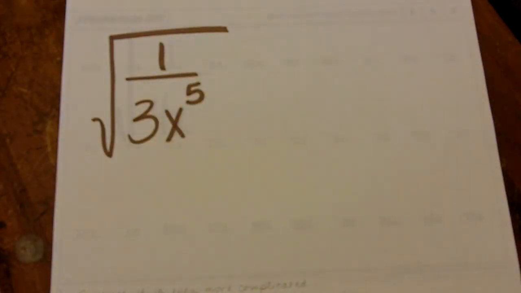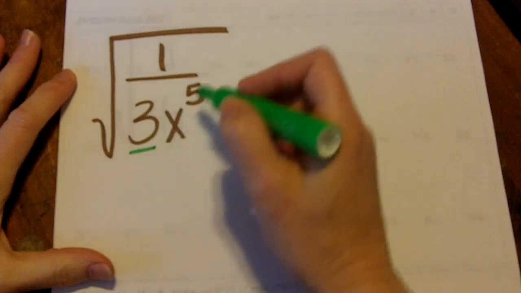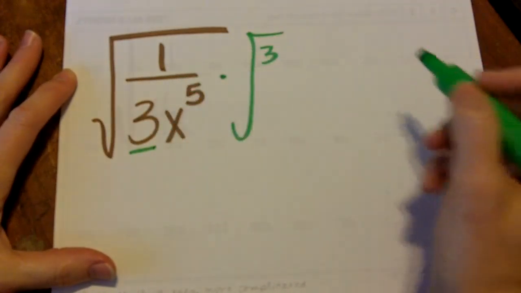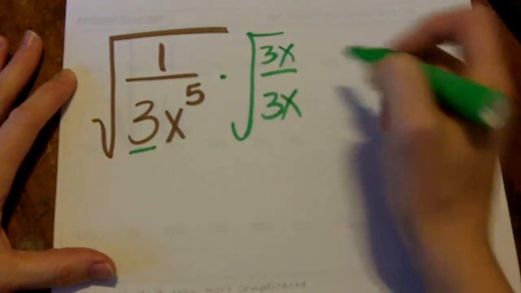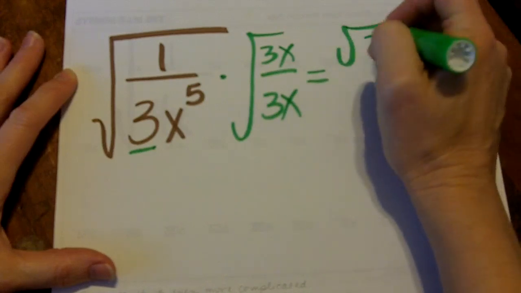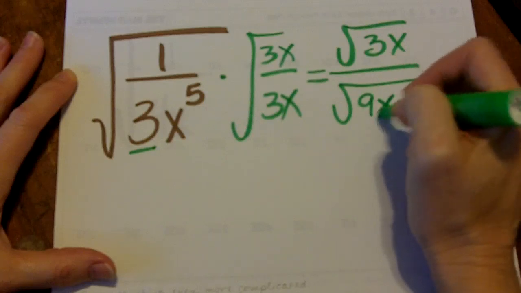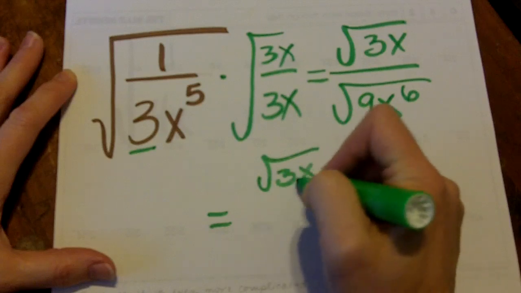Now, if you have an even more complicated looking number, say the square root of the fraction 1 over 3x to the 5th, you can tell that we can multiply this one by 3, and then we also have to deal with this x to the 5th. If we just multiply by the square root of 3x over 3x, we end up with the square root of 3x over the square root of 9x to the 6th, which equals the square root of 3x over 3x cubed.